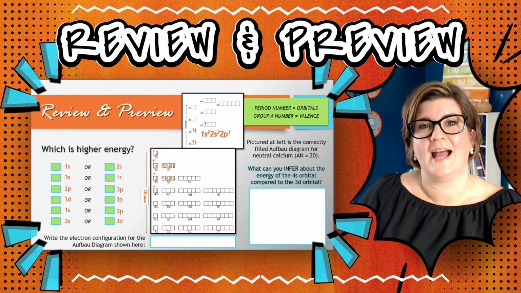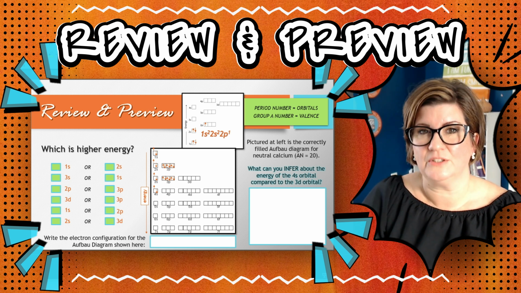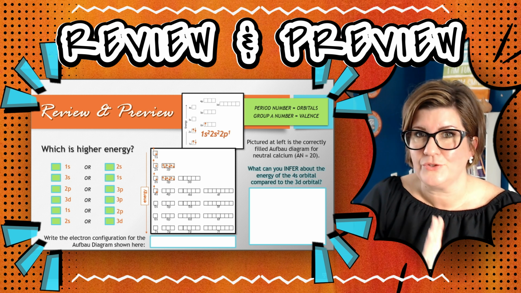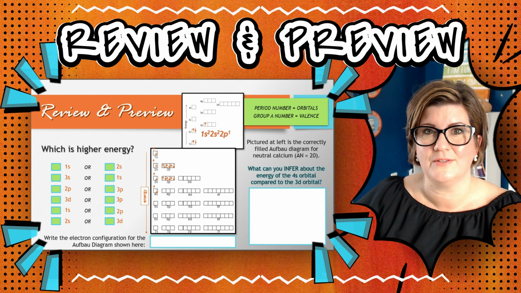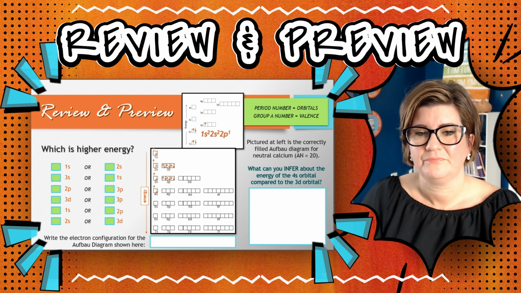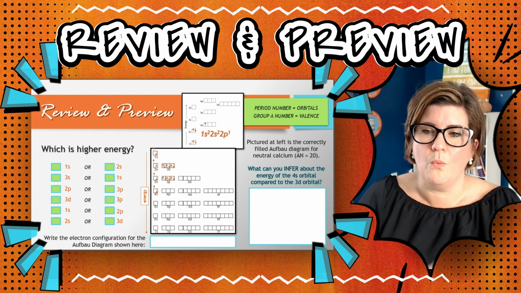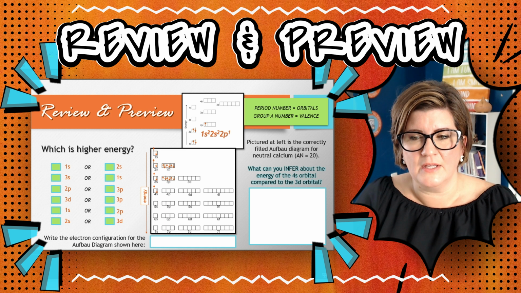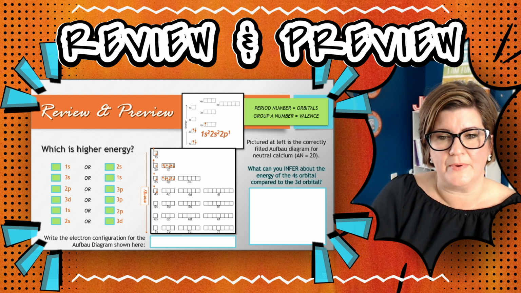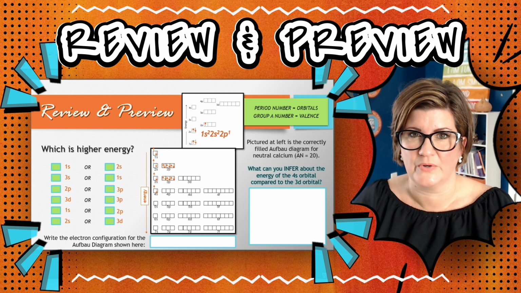And really, I use this opportunity to emphasize to students that what they had learned about the Bohr model remains true. The further out an electron is from the nucleus, the higher energy it has. The second part of this activity is to ask students what they can infer about the energy of a 4s orbital, since in this example, the 4s is filled before the 3d for calcium.